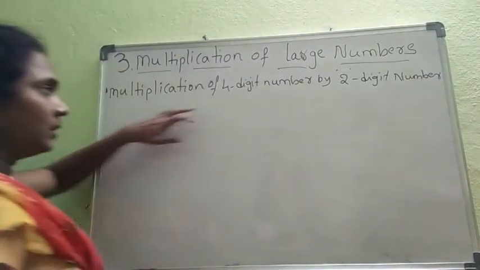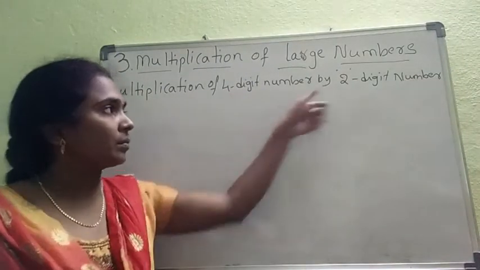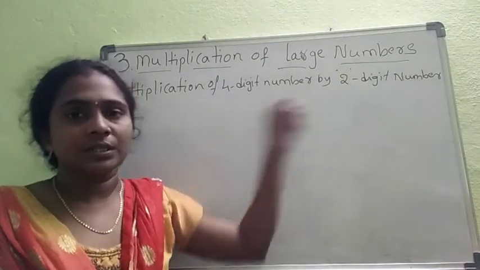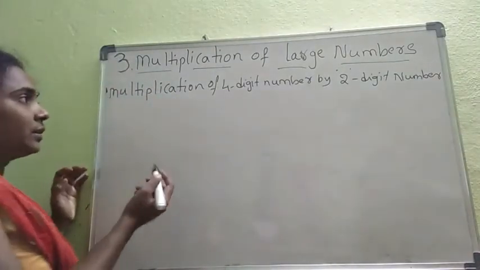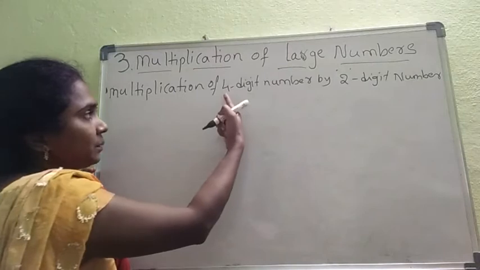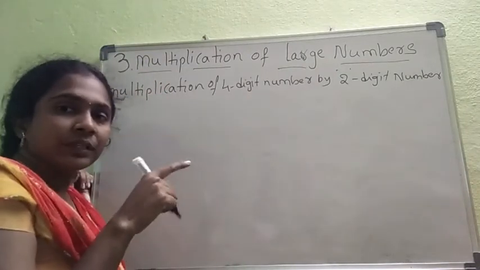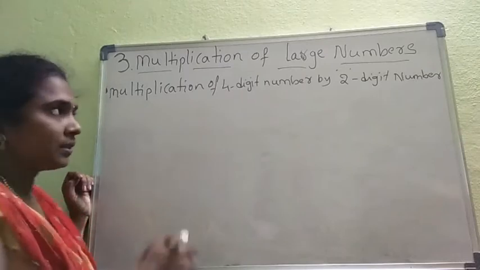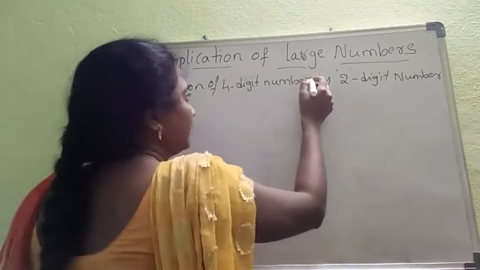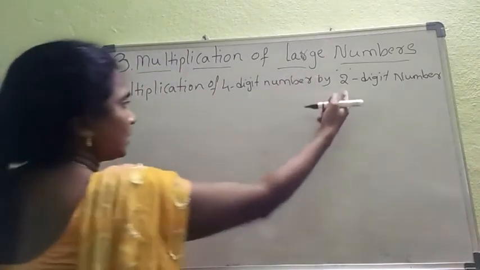So first we learn the 4-digit number by the 2-digit number, right? In the fourth class you learned multiplication of a 4-digit number by 1 digit, right? The same method, that means I will explain that, but we'll take a 2-digit number, right?